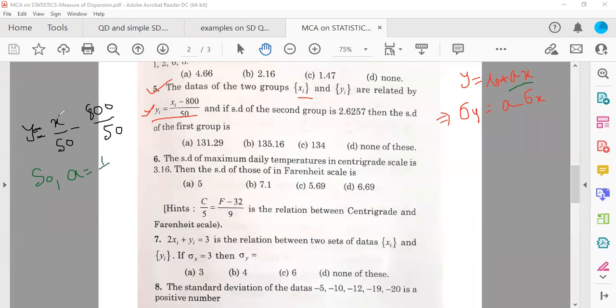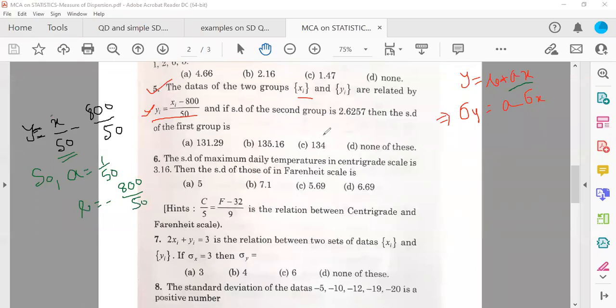Look carefully, this part from here, 1 by 50. If you compare, and what is b? b equal to minus 80 by 50. Just compare the red line equation and black equation: b plus ax and y is equal to x.